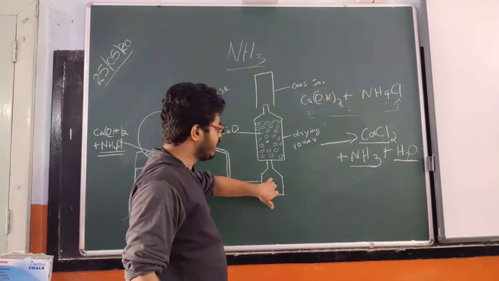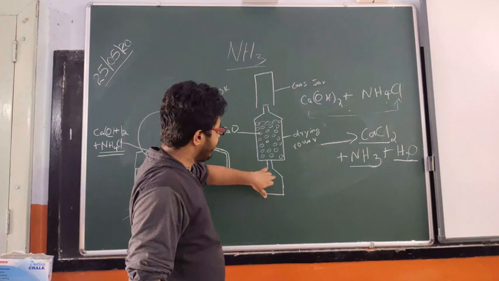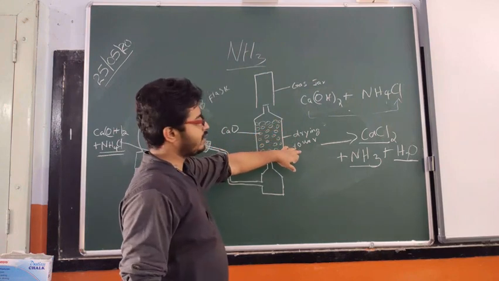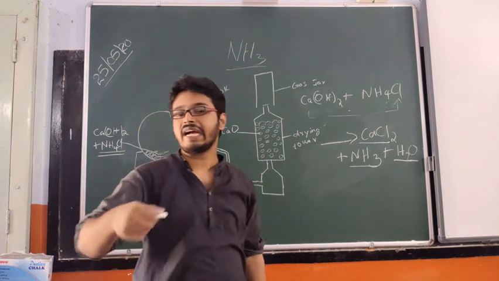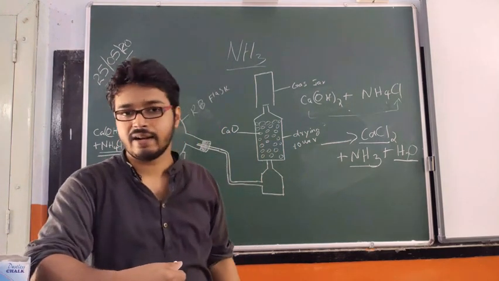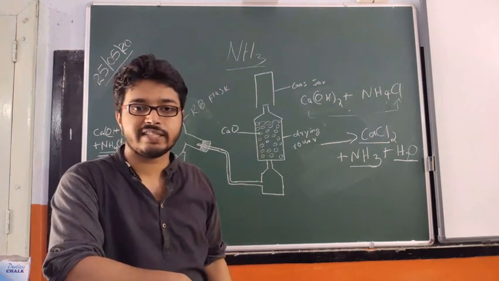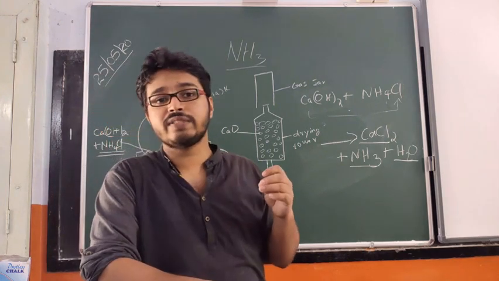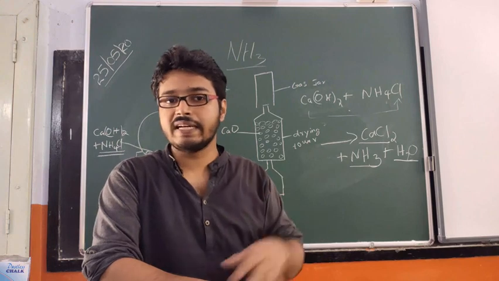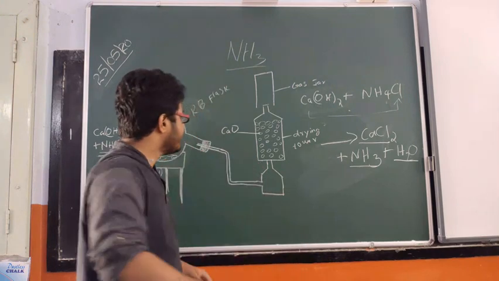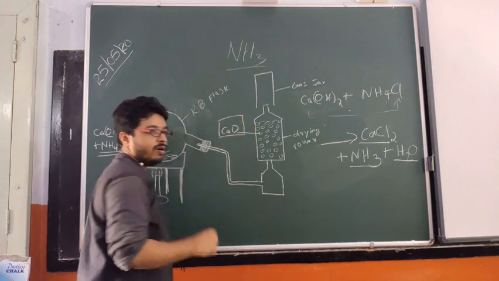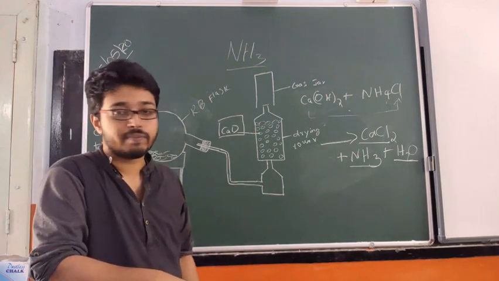After this, it will rise up to the next place, the drying tower. I hope you remember the drying tower used in the laboratory preparation of HCl. In the case of HCl, the drying tower was filled with concentrated sulfuric acid. Here, the drying tower is filled with solid calcium oxide, or solid quicklime.